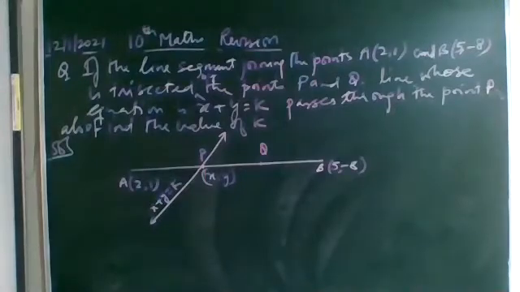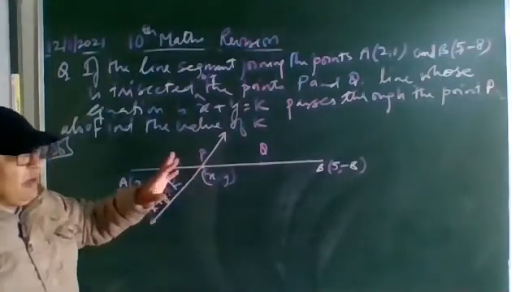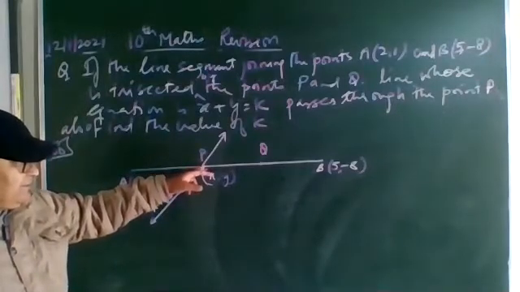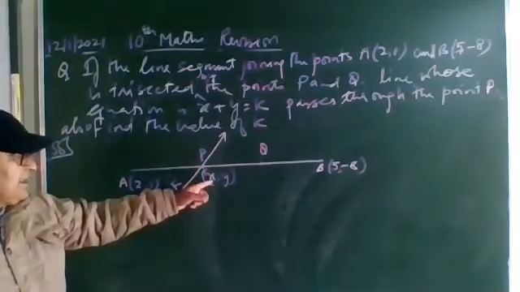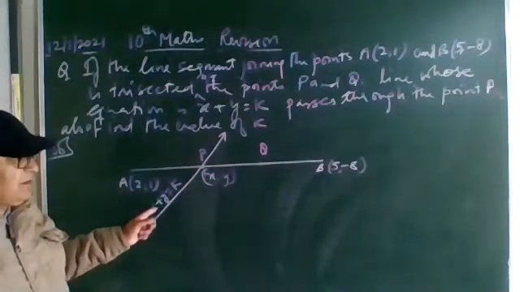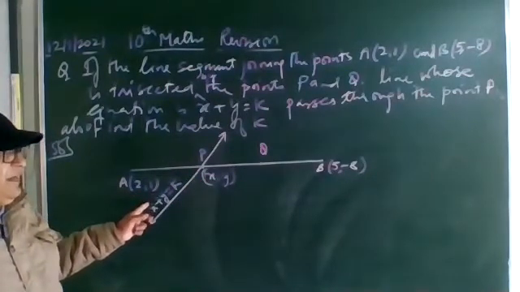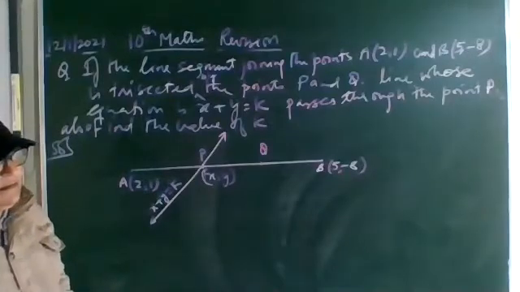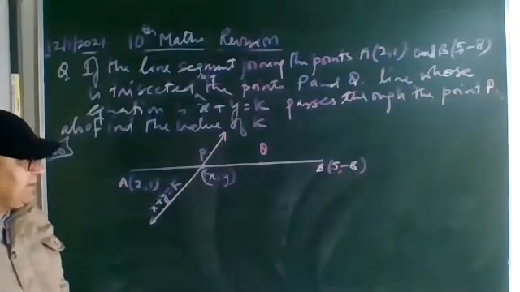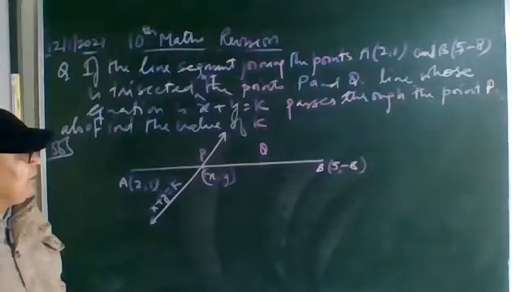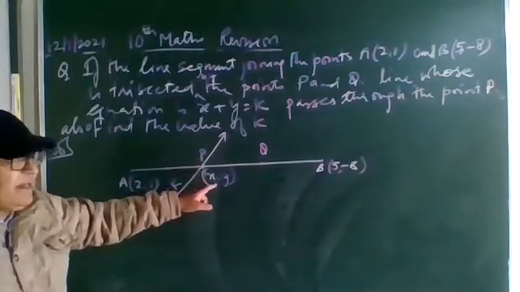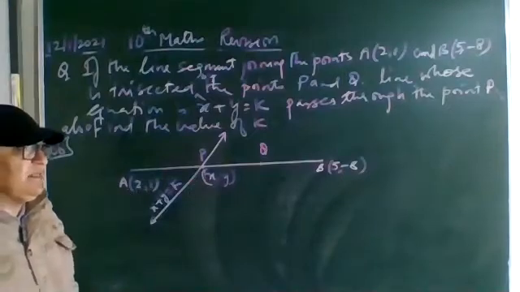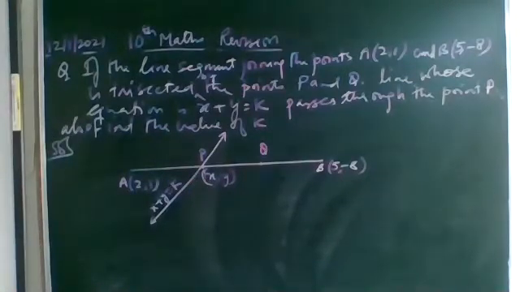Now, if you have to apply your brain, find the coordinates of P first. Once you get the values of x and y, put them in the equation, because it is said that the line is passing through the point P. So we are writing x, y. If it is AB, then you will write small a and small b or whatever representation there is.